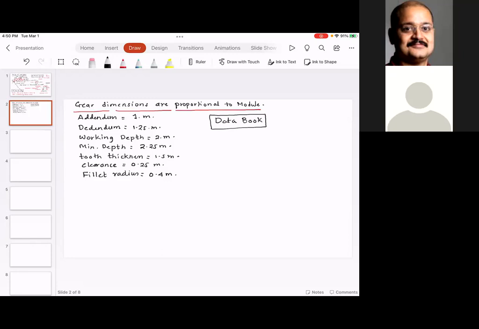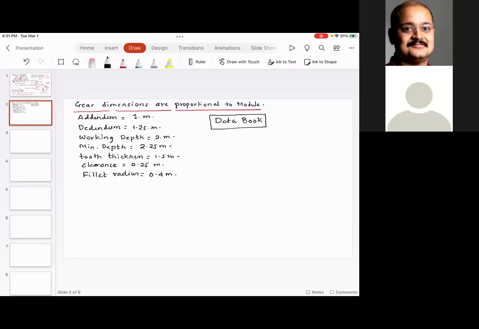Table 28.1 gives you the standard proportions of the gear system that I just wrote. There are 3 different subsystems. You can have a 14.5 degree pressure angle gear, a 20 degrees pressure angle gear, or a 20 degrees stub. So 28.1 gives you the standard proportions of the gear system.